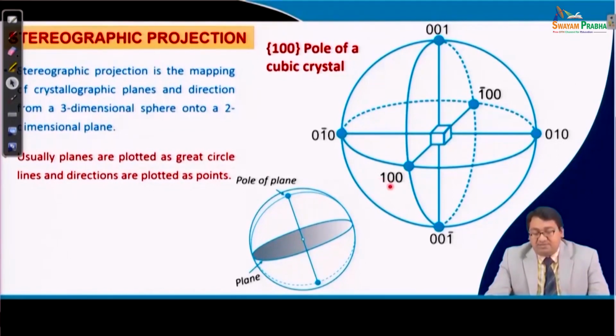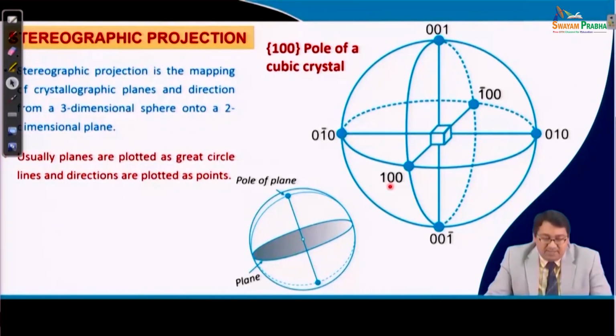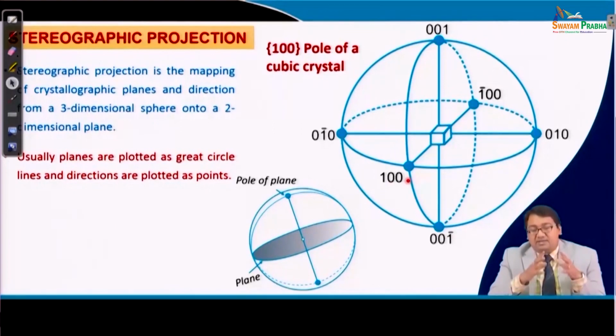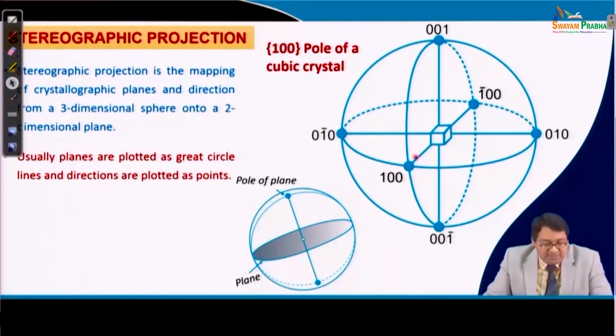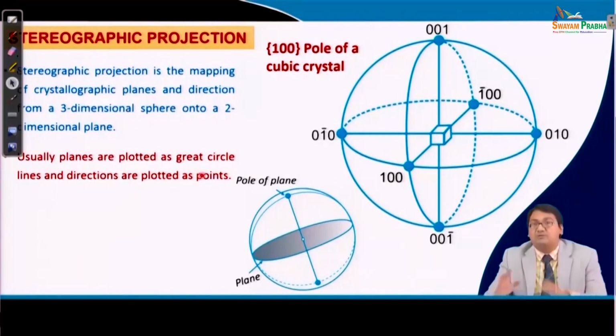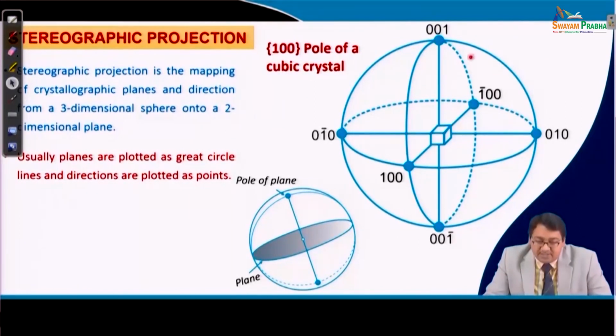Okay. So, you see what I mean to say here, that usually in stereographic projection the directions are plotted as points or poles, whereas the planes are plotted as great circles.